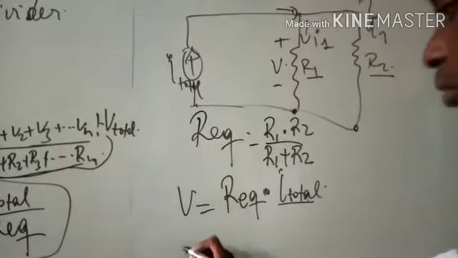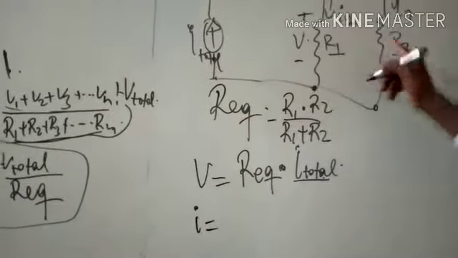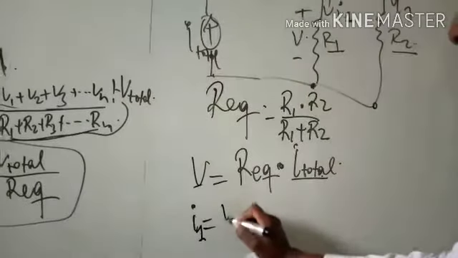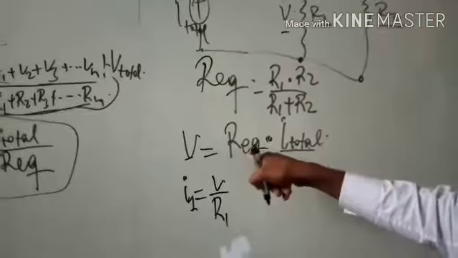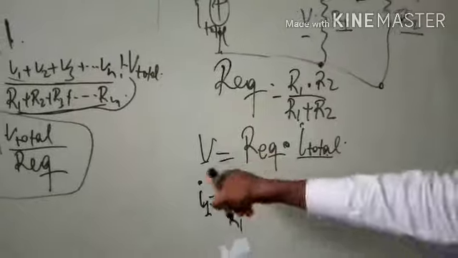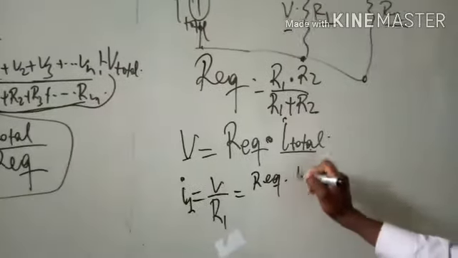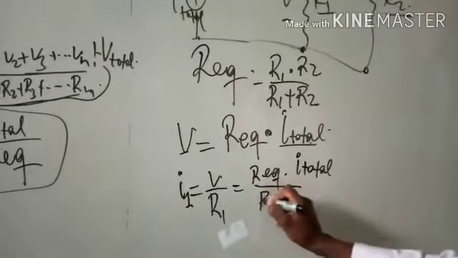We know that the currents share the same voltage but have different current. Current 1 will be equal to this voltage over resistance 1, and we are going to put in this equation. Let's take this equation and put in this voltage, which is equal to R equivalent times current total over resistance 1.